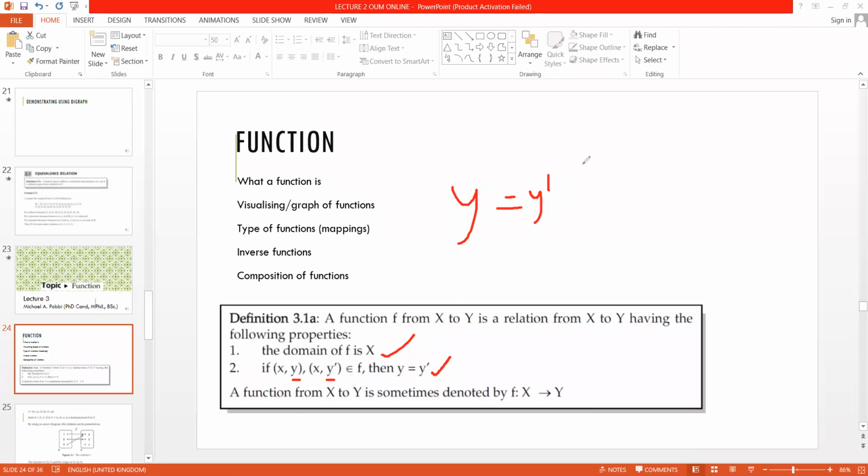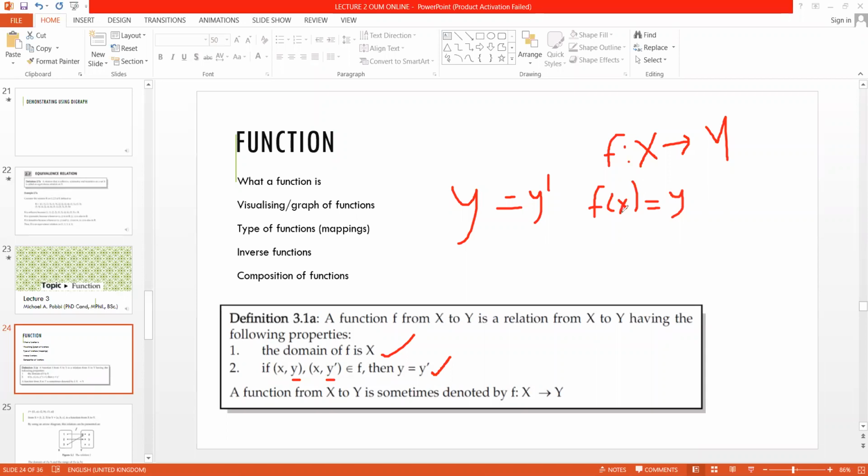Now, the functional notation, sometimes written as f maps an element in the domain to elements y, which is your range. Or we write it computationally like that: f of x is equal to y.